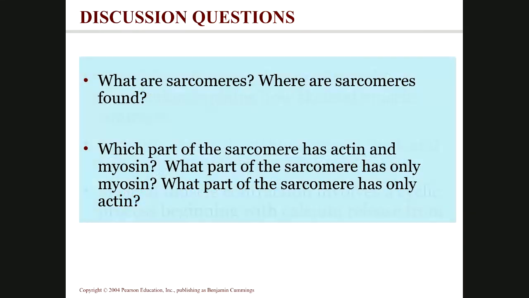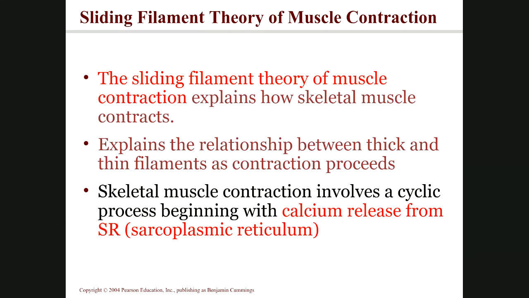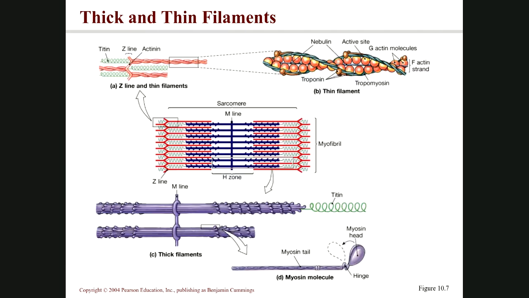So know the components of the sarcomere that bind calcium, and the component that binds calcium is the troponin. So right here in orange, that will be the troponin, which is going to bind calcium.